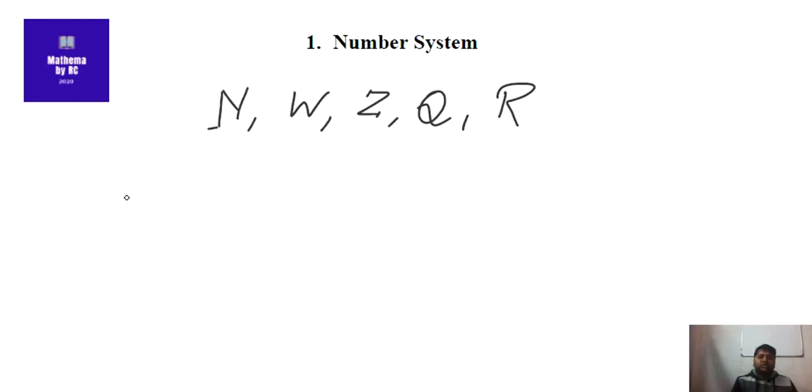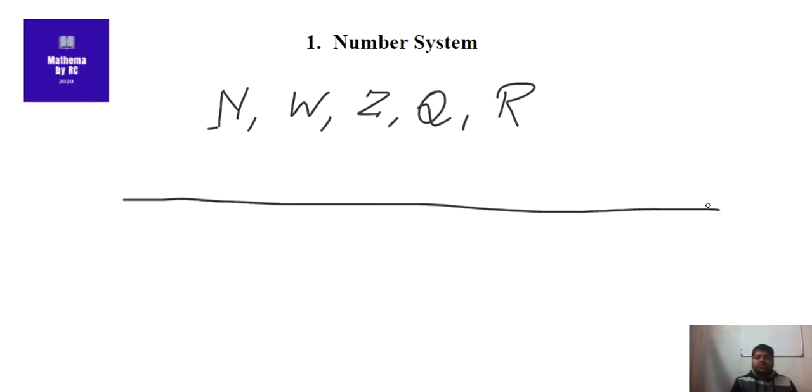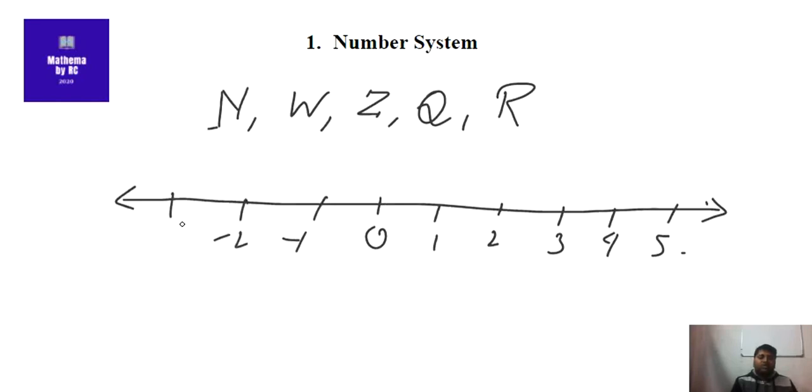Here we represent this number line. Suppose 0, 1, 2, 3, 4, 5 and so on, and on the left-hand side -1, -2, -3, -4 and so on.